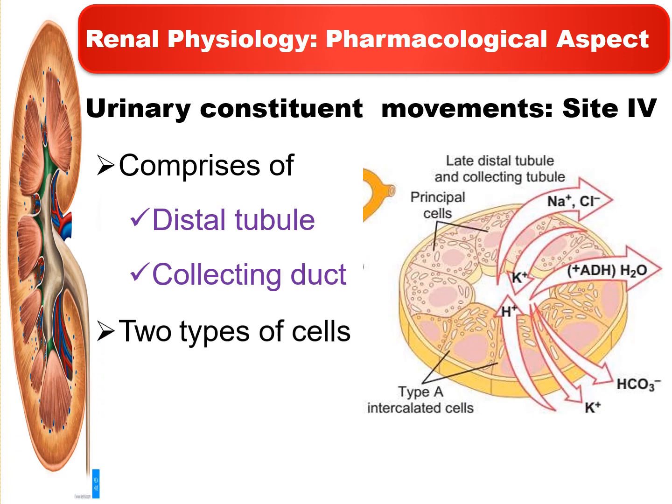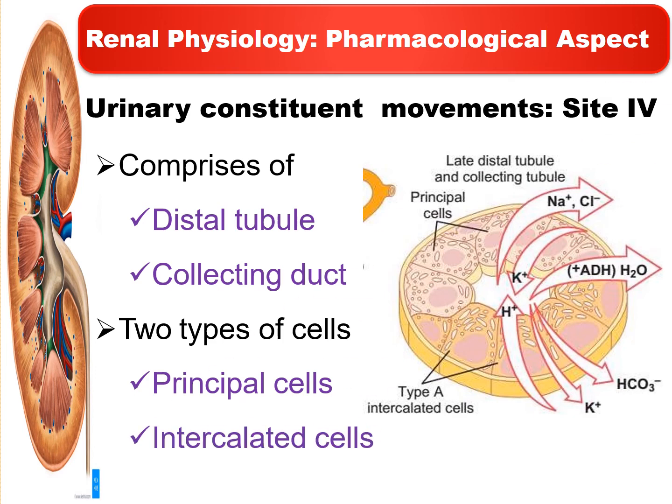This site 4 is composed of two types of cells, the principal cells and the intercalated cells. It is clearly shown in this diagram how the sodium, chloride and potassium movement is taking place here, and the antidiuretic hormone is controlling the water movement.